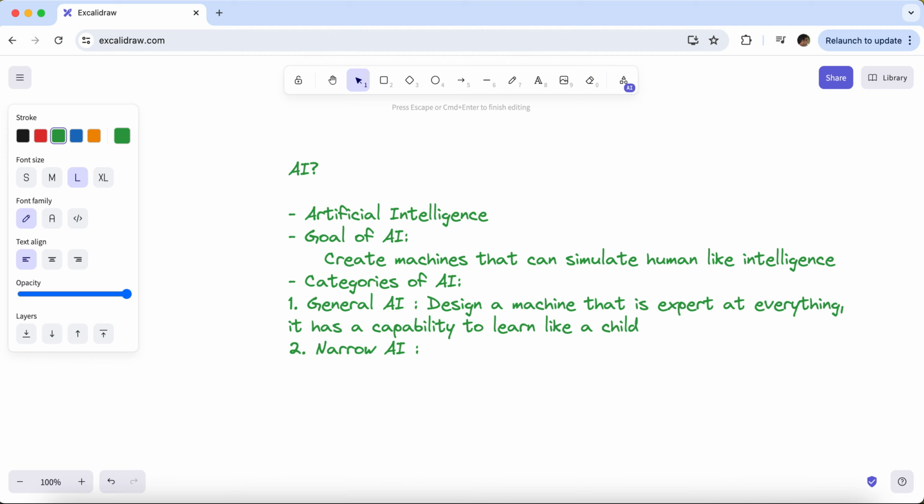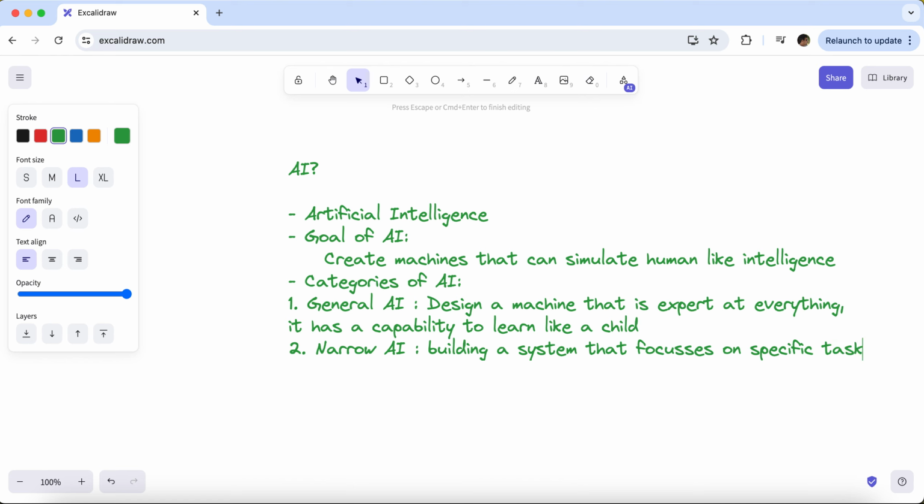Now when we say narrow AI, this is also known as weak AI. The scenario that narrow AI corresponds to is building a system that focuses on a specific task.